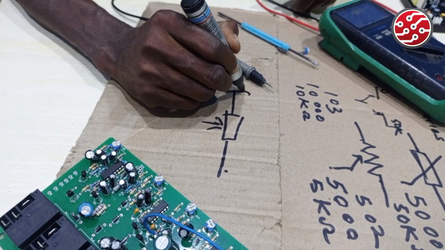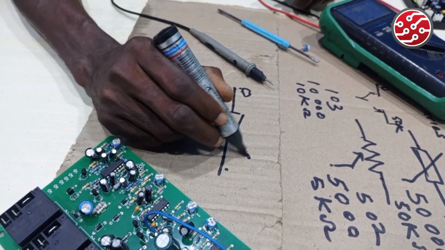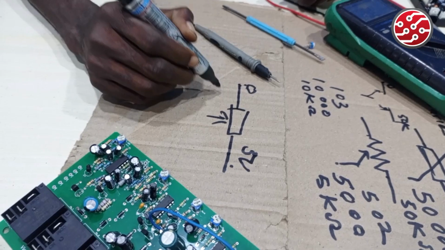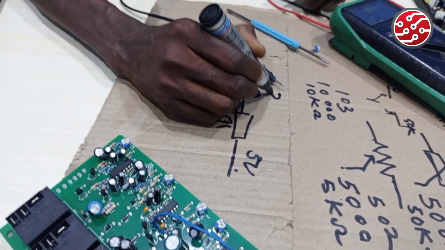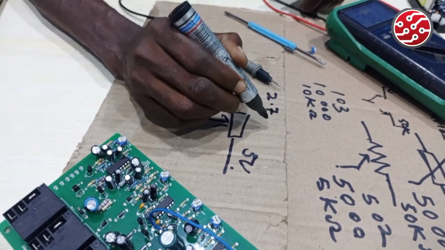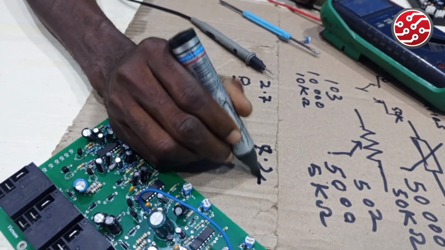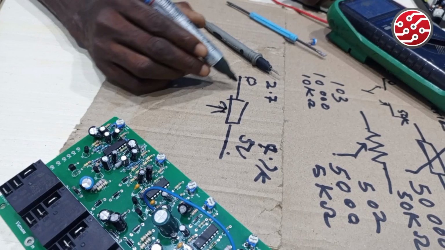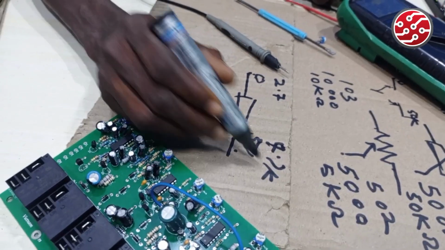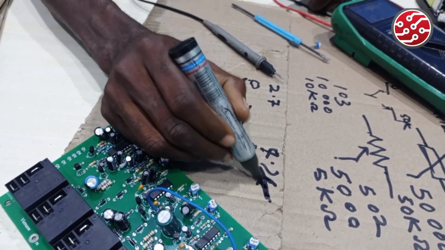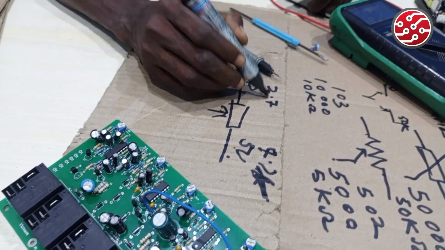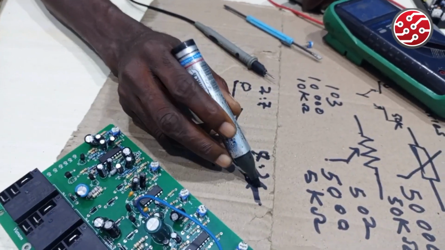This side might be 0 volts, this side might be 5 volts, or this side might be 2.57 volts, this side might be 4.7 volts. So meaning you are varying between 0 and 5 volts, or you are varying between 2.7 to 4.7.